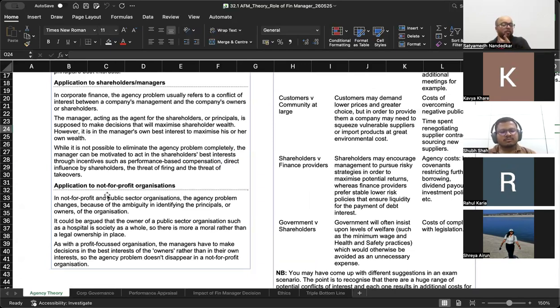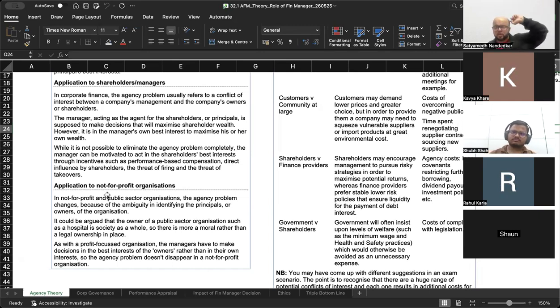ठीक है। In not for profit and public sector organizations, the agency problem changes because of the ambiguity in identifying the principal or owners of the organization. A public sector organization or a not for profit organization, ठीक है। Not for profit organization में think of a charitable hospital. Charitable hospital में say all of us are donors. So as donors we are contributing money to the hospital, and it is doing some work for the benefit of the underprivileged.